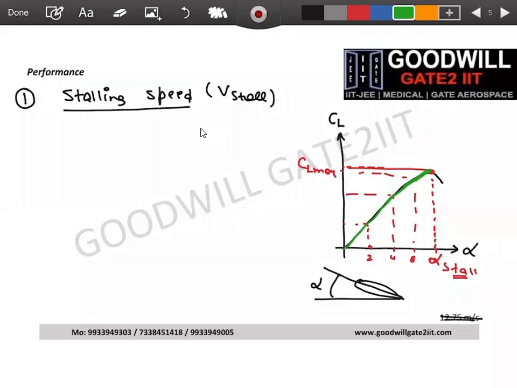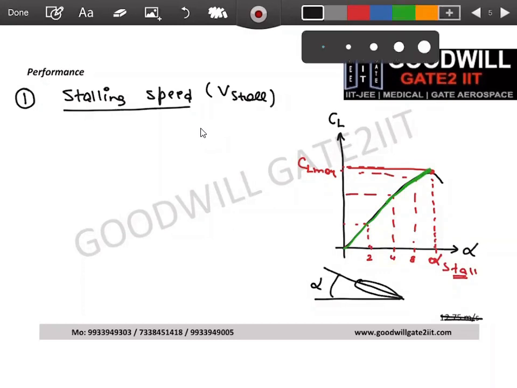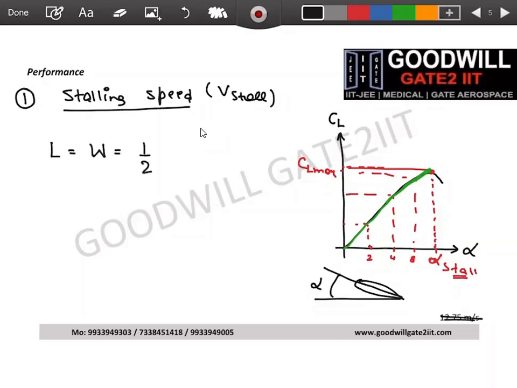All right. Now, that means there is a point at which you have maximum CL max, and correspondingly you have alpha stall. Keep this in mind: your lift should equal the weight of the aircraft, which can be broken down into half rho V squared S into CL.